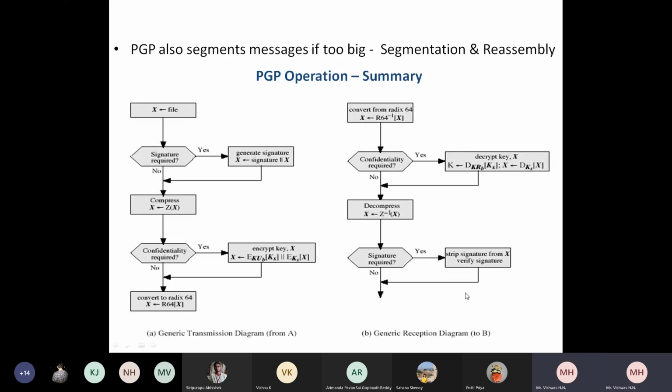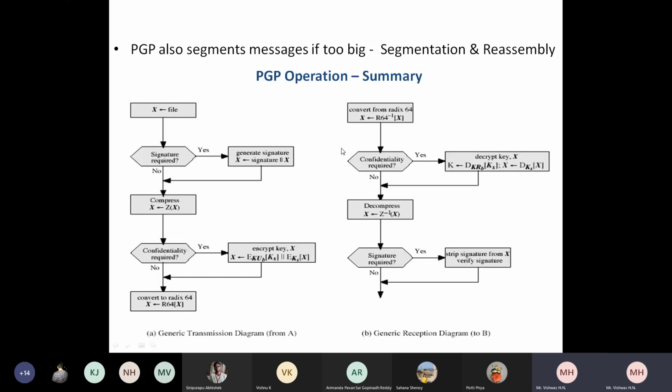Then what happens in the reception? After receiving, you convert from Radix 64 to normal ASCII. The other way, you have to go from bottom to top. It is converted from Radix 64 format back to ASCII, and then you decrypt it.